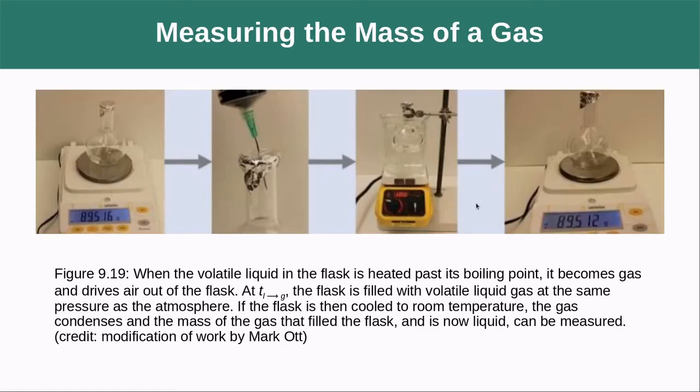We can measure the mass of a gas pretty simply doing some experimentation. We can measure a flask that is sealed at the top, inject that gas into it. It is typically then condensed, so we cool it way down until it condenses into a liquid at the bottom, and then we reweigh that flask.